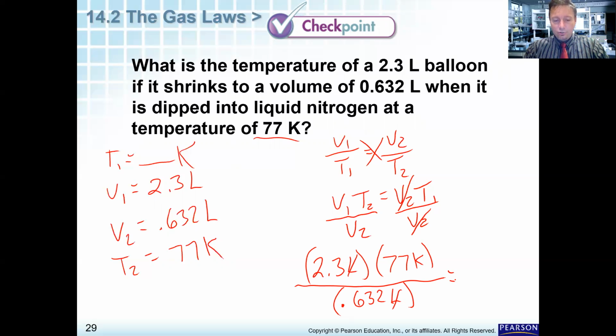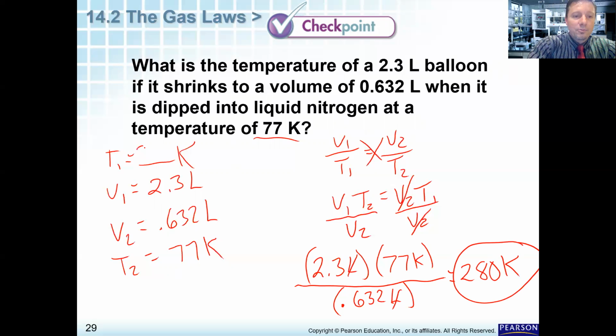So I'm going to plug this in, 2.3 times 77 divided by 0.632. So, all right, I have to be at two significant figures. So I'm going to have 280 Kelvin. So I can come up here and write it 280 Kelvin.